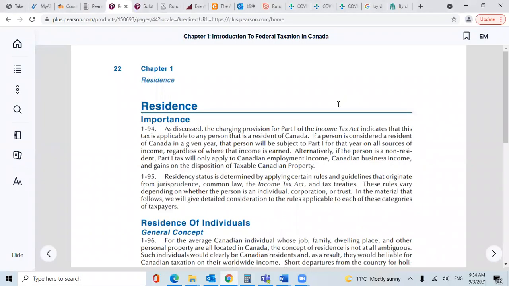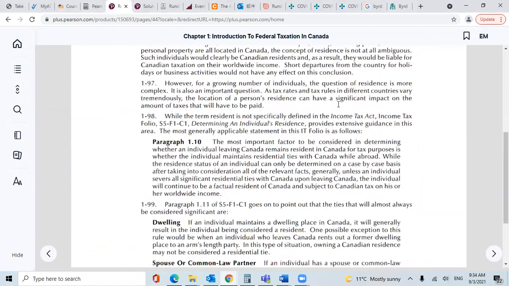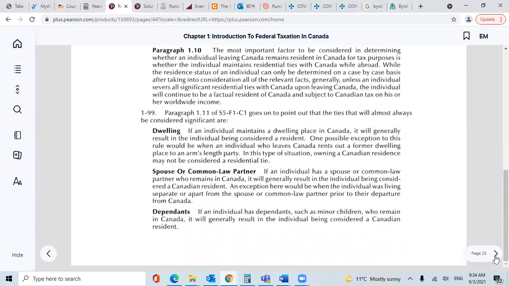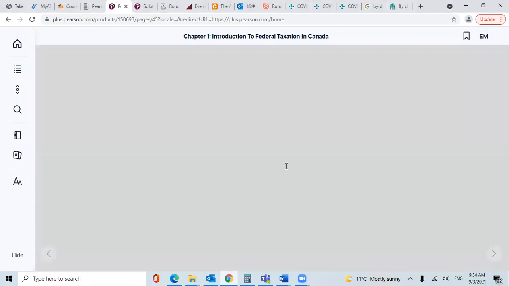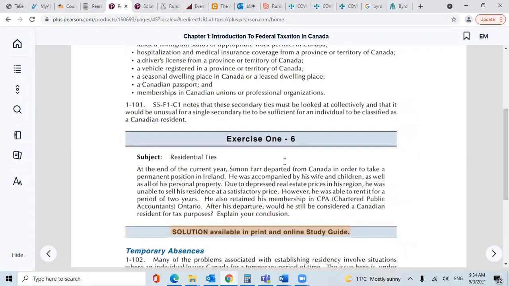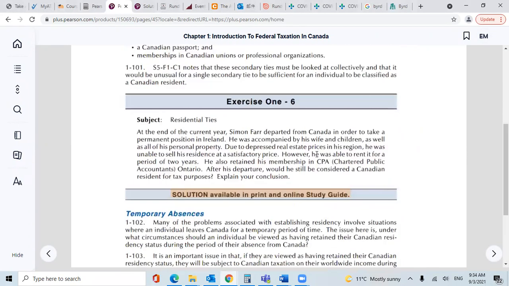Okay, so I opened a textbook, the e-text from Pearson. There is an exercise, 1-6. It talks about residential ties. At the end of the current year, Simon departed from Canada in order to take a permanent position in Ireland. He was accompanied by his wife and children, as well as all of his personal property.